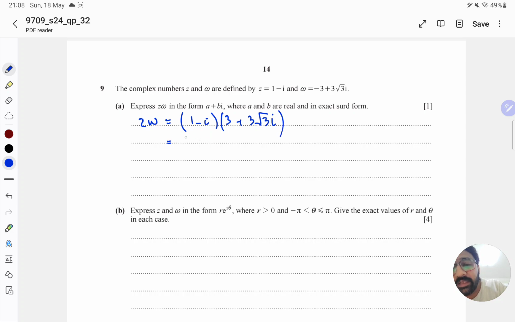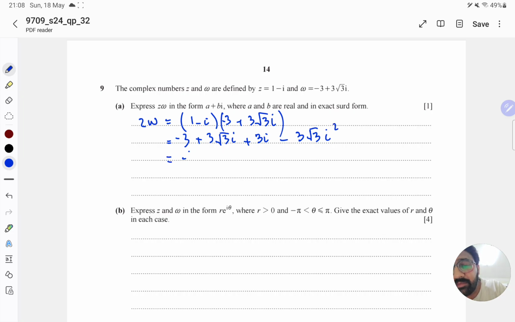If I do the expansion, it will be minus 3, minus 3 plus 3 square root of 3i plus 3i minus 3 square root of 3i square.